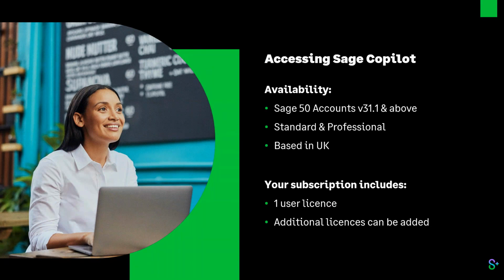Now, currently, your subscription will include a single user license. You can choose who has access to that license, but it is a single user license by default. Additional licenses can be added. They are chargeable currently, but going forward, it's in the pipeline where every user within Sage 50 potentially will be given what we term a Copilot license, so they'll be able to activate that.